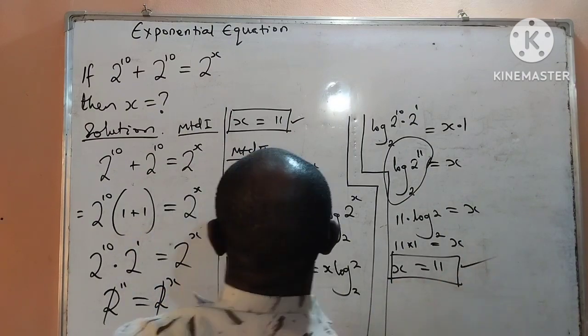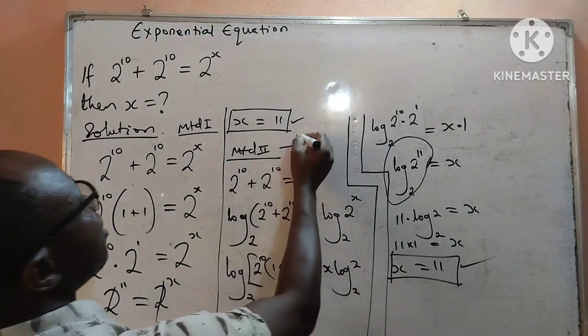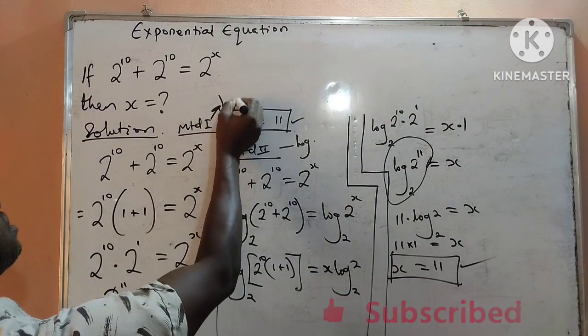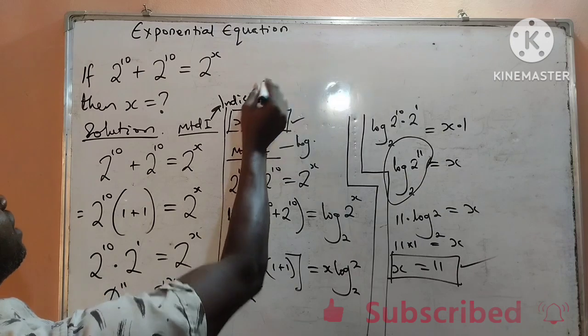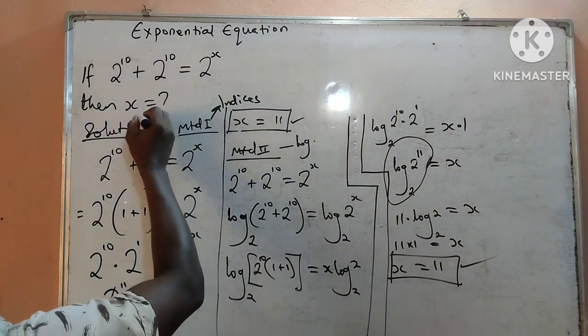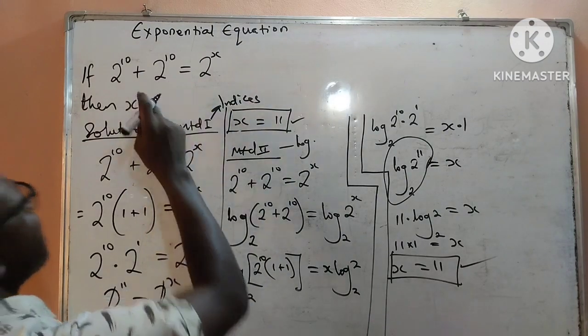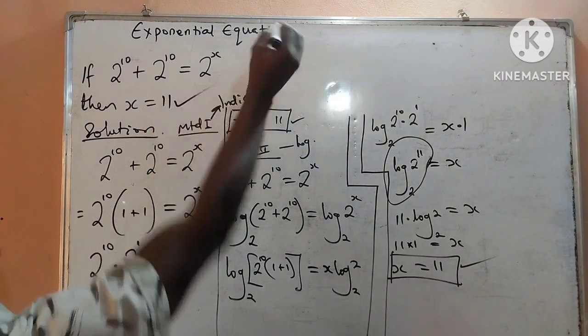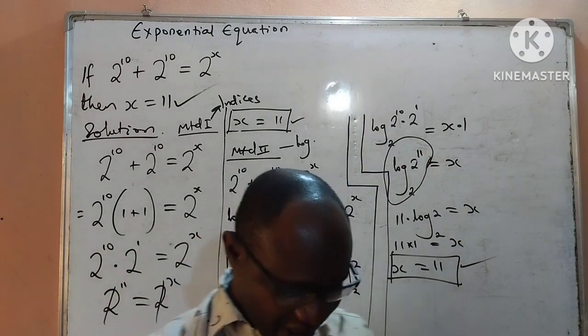Final answer. Using the second method, this is the logarithm method, and that was the indices method. So finally, the value of x as we are required to find is equal to 11.